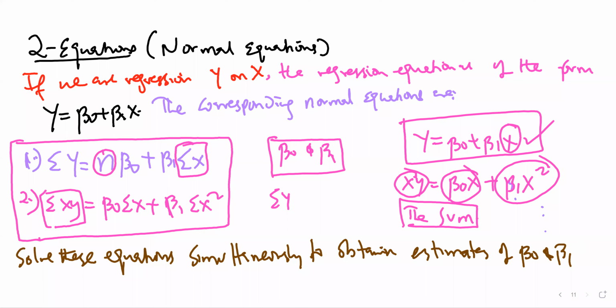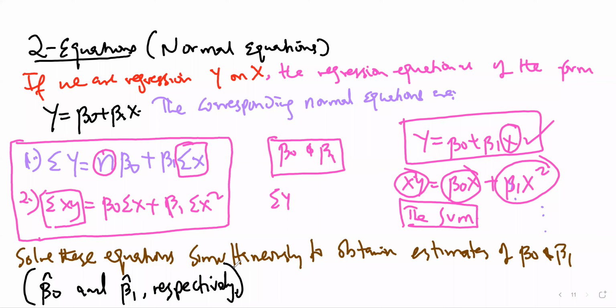And these estimates of beta naught and beta 1 will be denoted like this: beta naught hat and beta 1 hat, respectively. So the answers that you are going to get after solving these equations, you'll be denoting them as beta naught hat and beta 1 hat to show that they are the sample estimates of the unknown population parameters beta naught and beta 1. Hope that is clear.